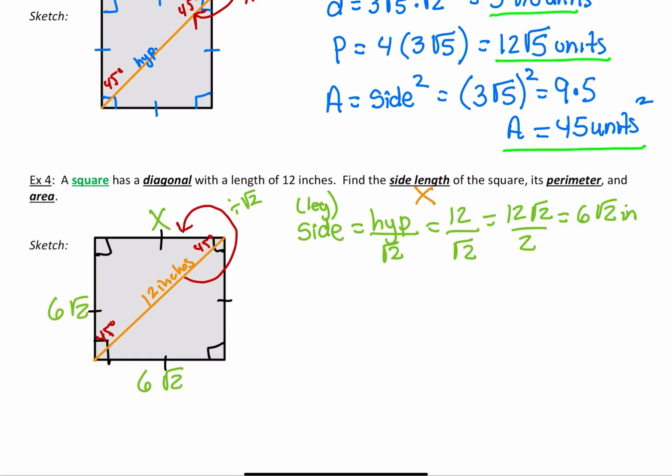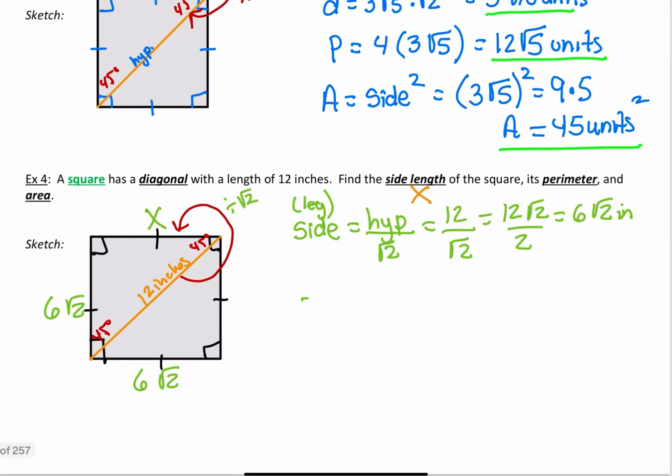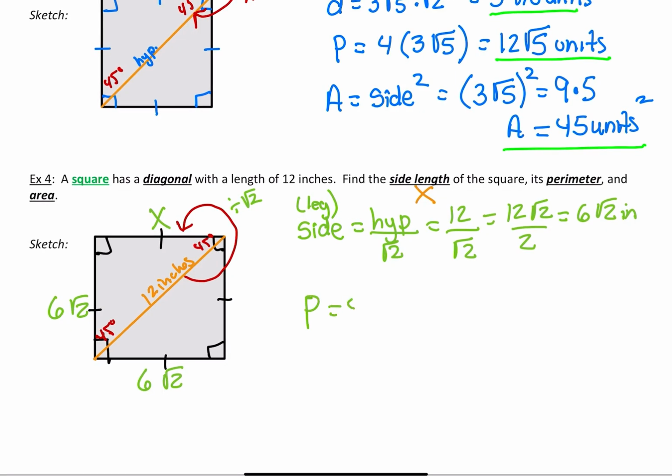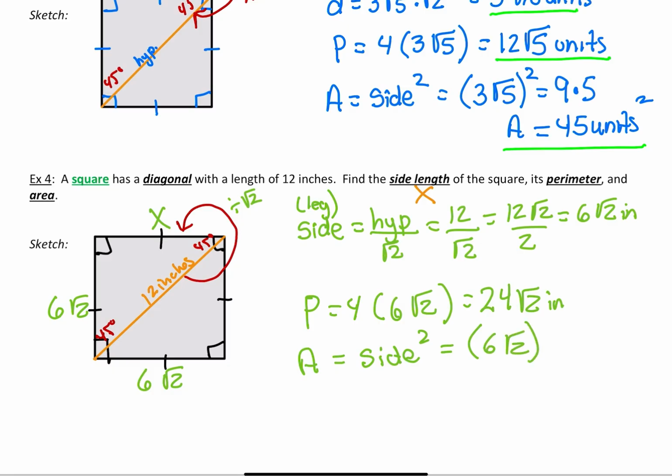So each of these sides is 6 root 2. You can write them all down if you want, all the way around, but you don't need to. The perimeter is 4 times 6 root 2. 4 times 6 is 24, so 24 root 2. Don't forget inches. Lastly, what is the area? The area is the side squared, so we get 6 root 2 to the second power.